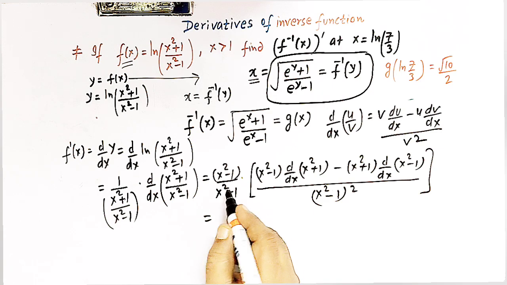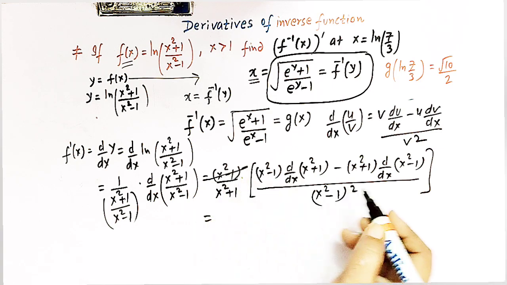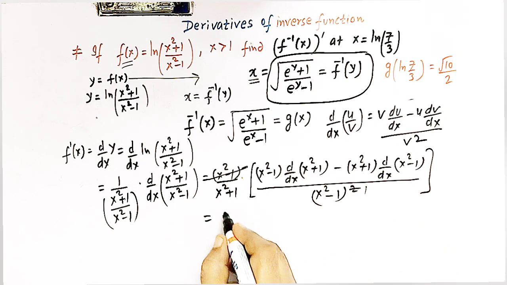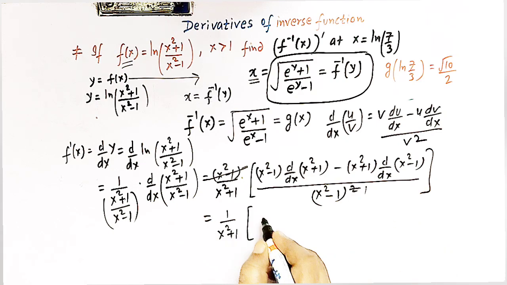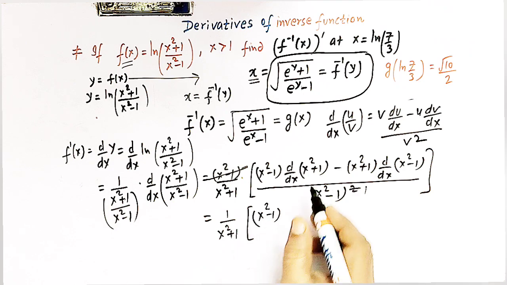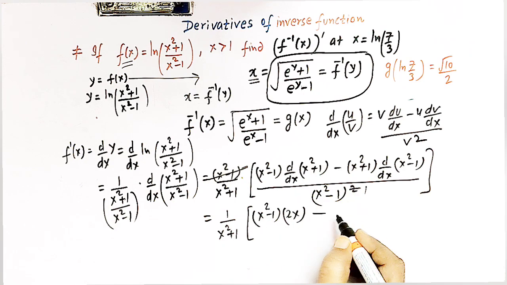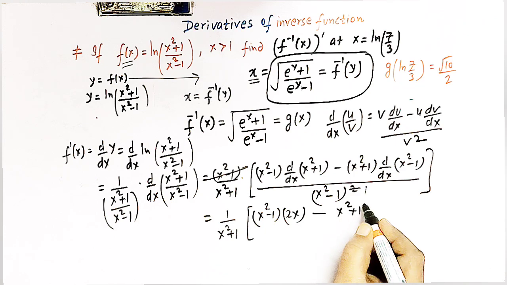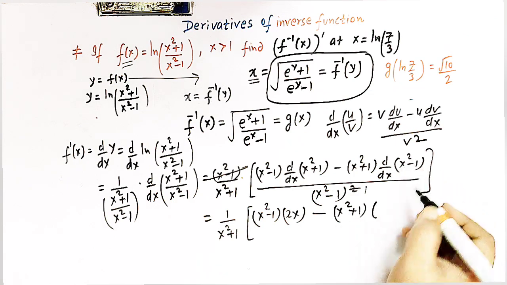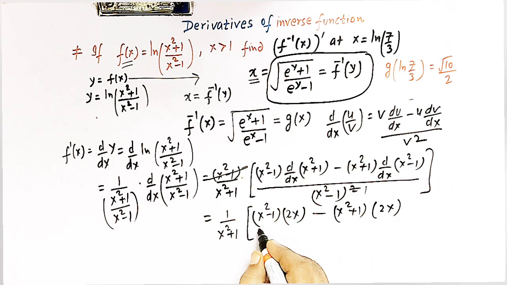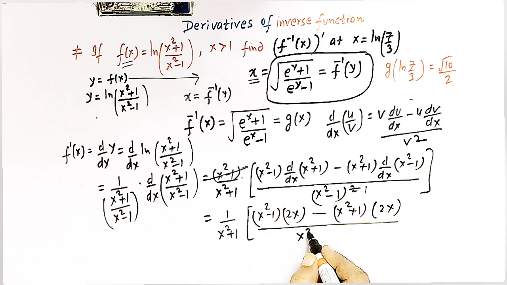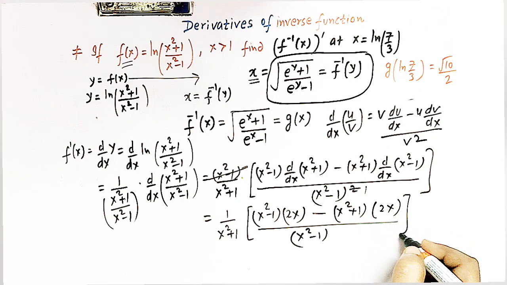Okay, so now this term gets cancelled with this one, so we are now left with 1 over x square plus 1. We have x square minus 1, derivative of x square plus 1 is simply 2x, and then here we have x square plus 1, and derivative of x square minus 1 is 2x, and in the denominator we have x square minus 1.